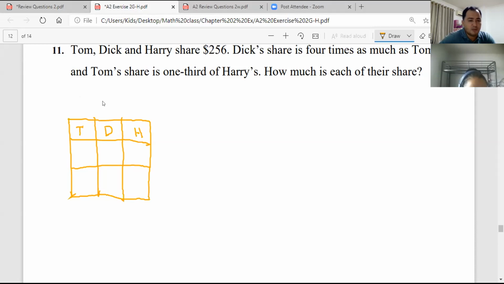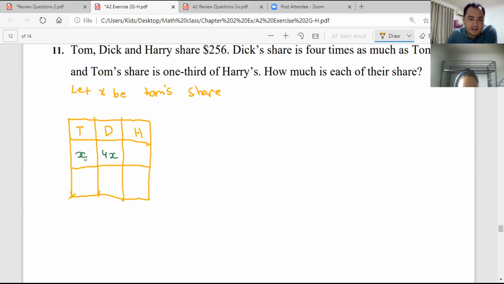Now we can read: Dick's share is 4 times as much as Tom's. Tom's share is x, so Dick's share is 4x.